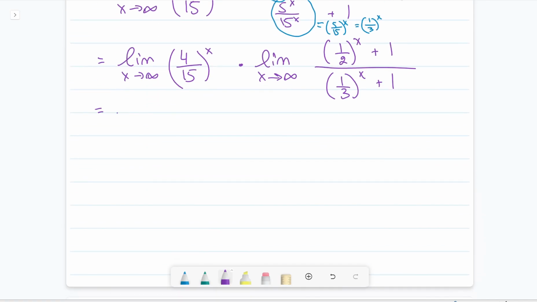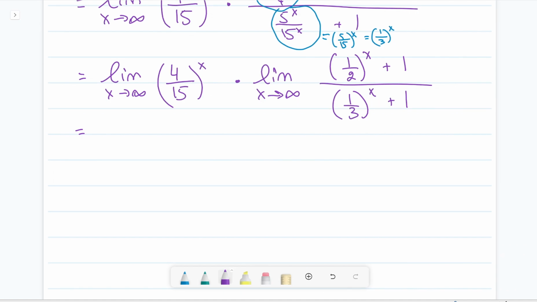Now let's continue simplifying. So, maybe one thing we might want to check: 4 divided by 15, let's plug it into our calculator. This gives a value of approximately 0.27.